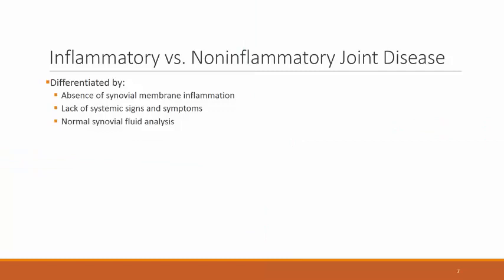Joint disease can be inflammatory versus non-inflammatory, and we can differentiate very easily, at least in theory. It's difficult to look inside the synovial capsule, but at least in theory we know that if there is no synovial membrane inflammation, it's non-inflammatory.